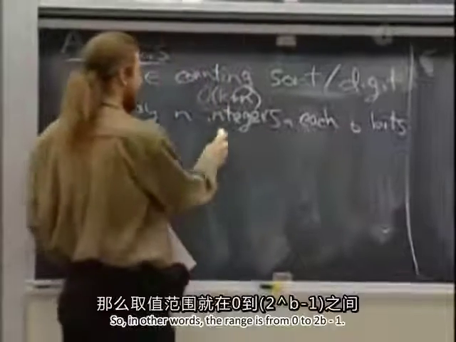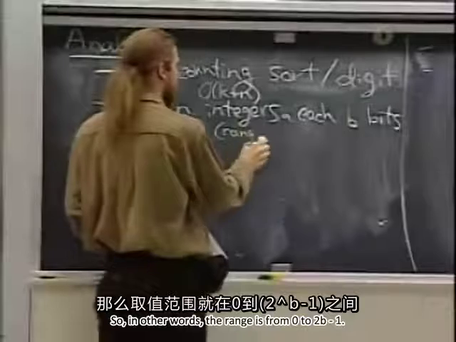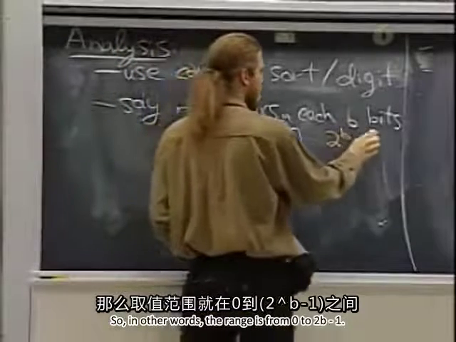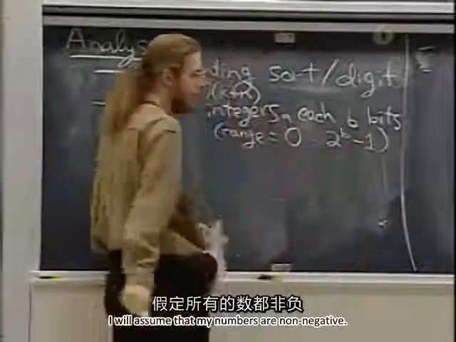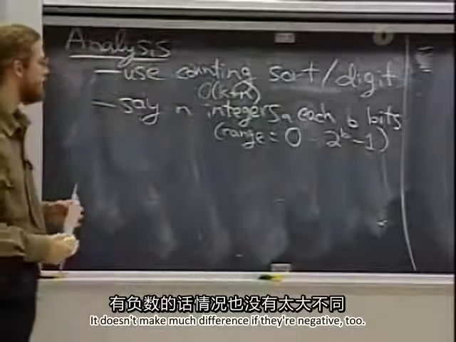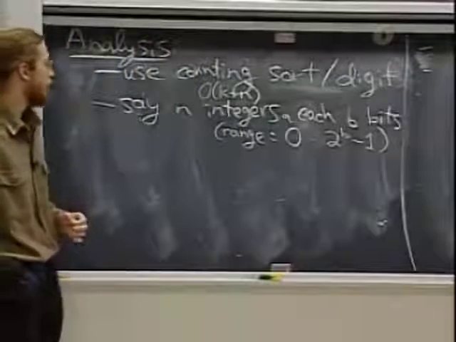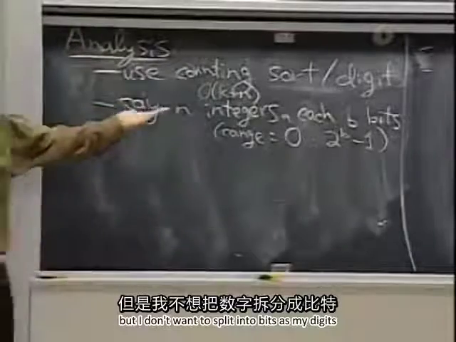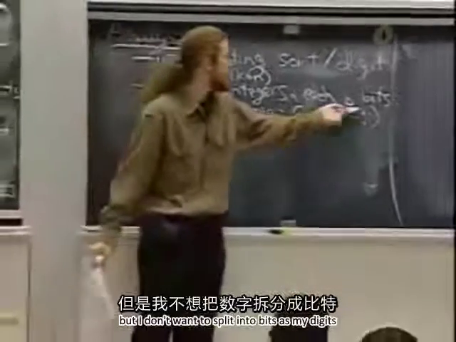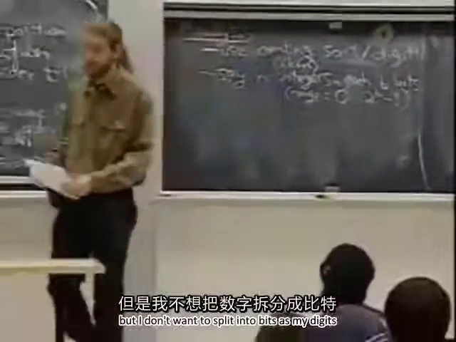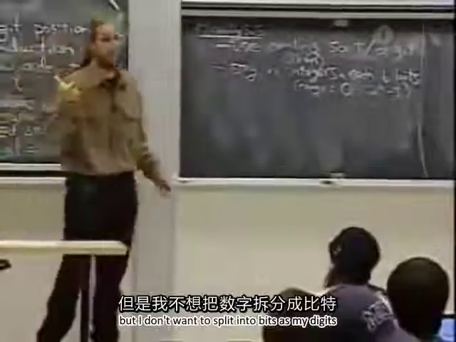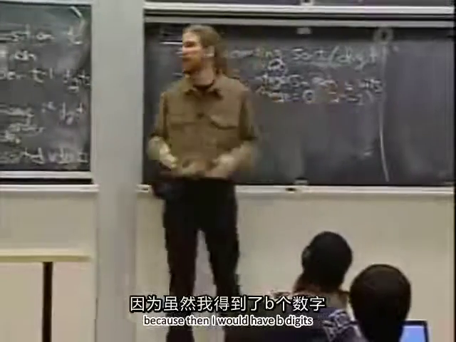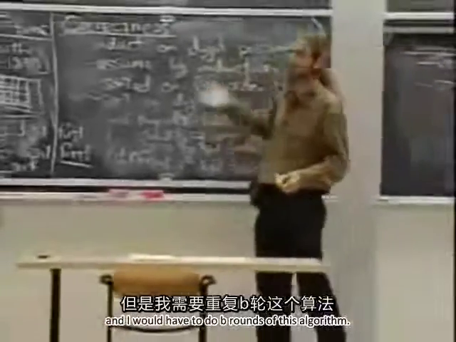So in other words, the range is from 0 to 2 to the b minus 1. I'll assume that my numbers are non-negative. Doesn't make much difference if they're negative too. Okay, so I want to know how big a b I can handle. But I don't want to split into bits as my digits, because then I would have b digits, and I would have to do b rounds of this algorithm.